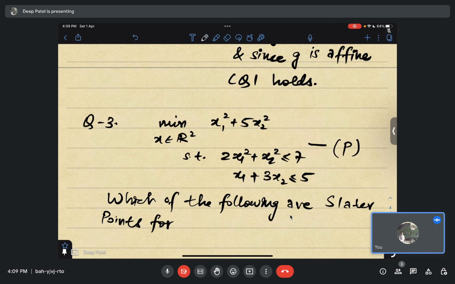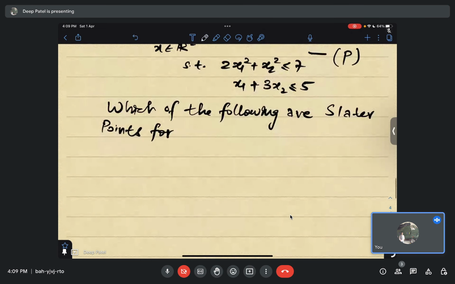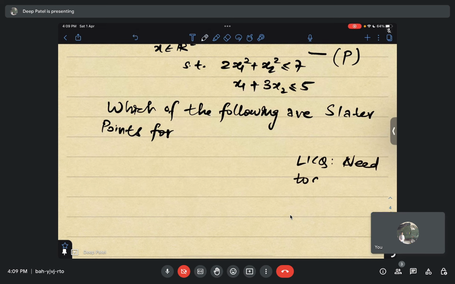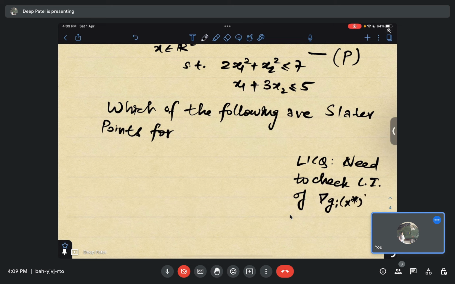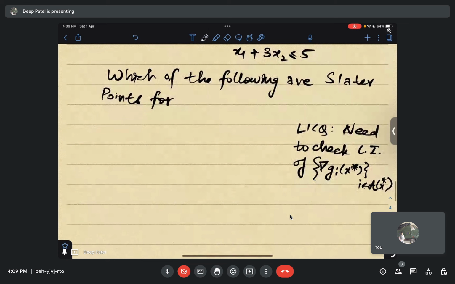Yeah. I mean, just off the top of my head, for example, in LICQ, I need to check the linear independence of the gradients for all the active constraints, right?